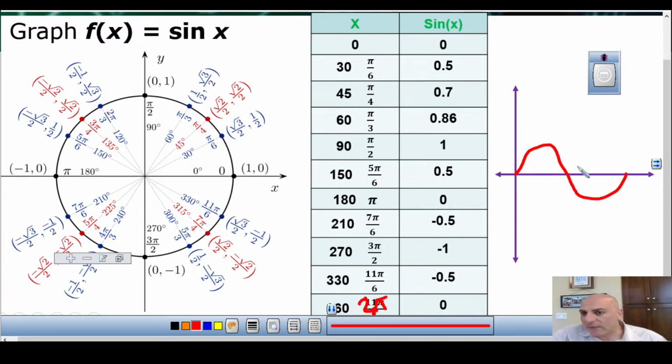And this is the graph of the sine wave or sine function. That's how you graph it. It becomes like a wave. You start at 0, 0. Don't forget that. Sine starts at 0, 0. And then you're going to end up here with 360 or 2 pi.